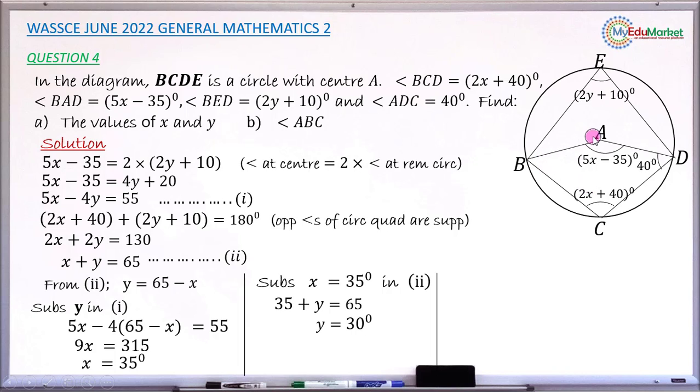If you now take ADCB as a quadrilateral, the sum of angles in a quadrilateral is always 360 degrees. So I can now determine my angle ABC as 360 minus the three angles. These three angles, 5x minus 35, 40, and 2x plus 40. If I know the size of those three angles, subtract from 360, what remains will be the fourth angle.